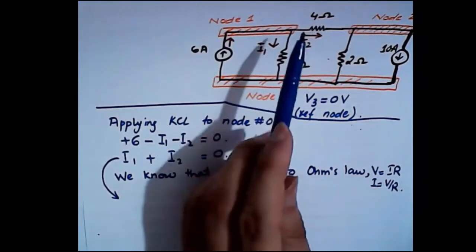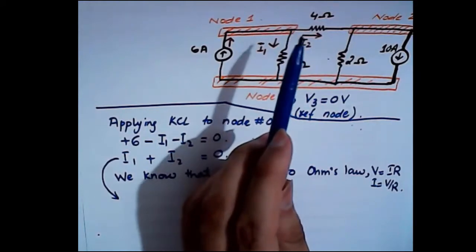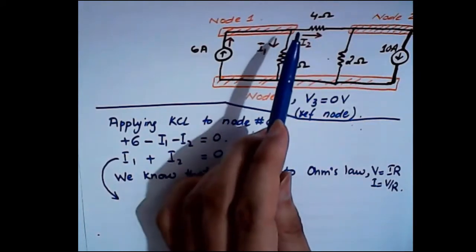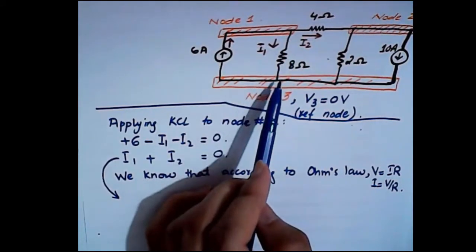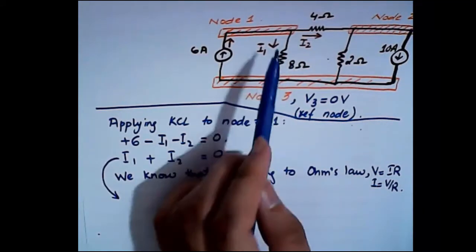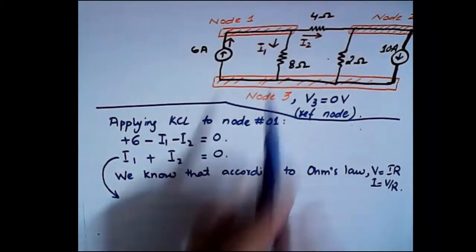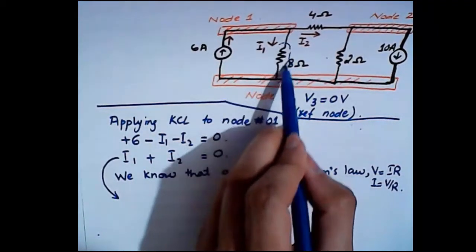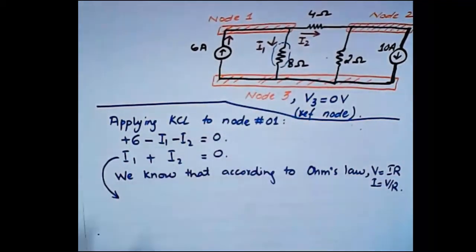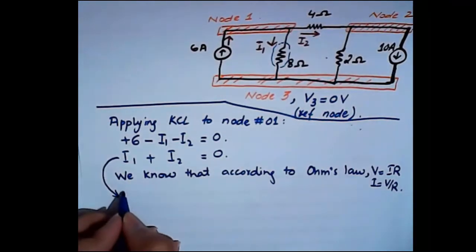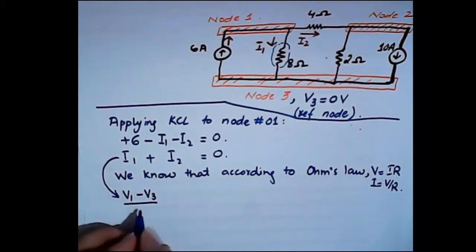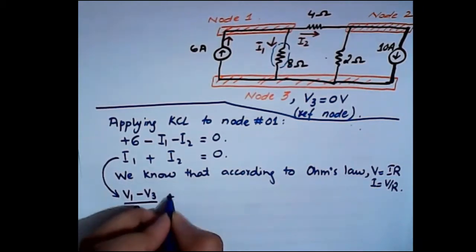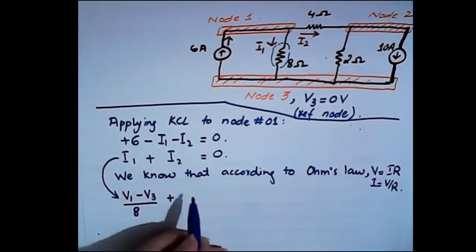The voltage of the node from which the current is leaving is taken as positive, and the node at which the current is approaching is taken as negative. So the difference of voltage measured across the 8 ohm resistor will be V1 minus V3 divided by the resistance. How much is the resistance? 8 ohms, right? Plus I2 will be what now?